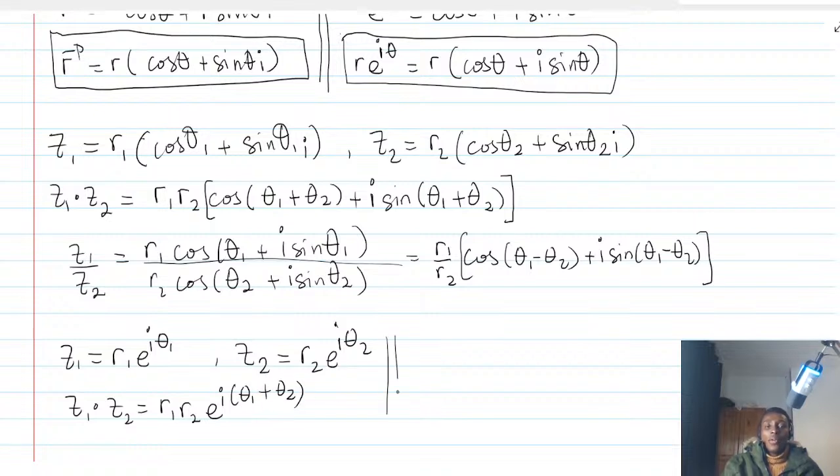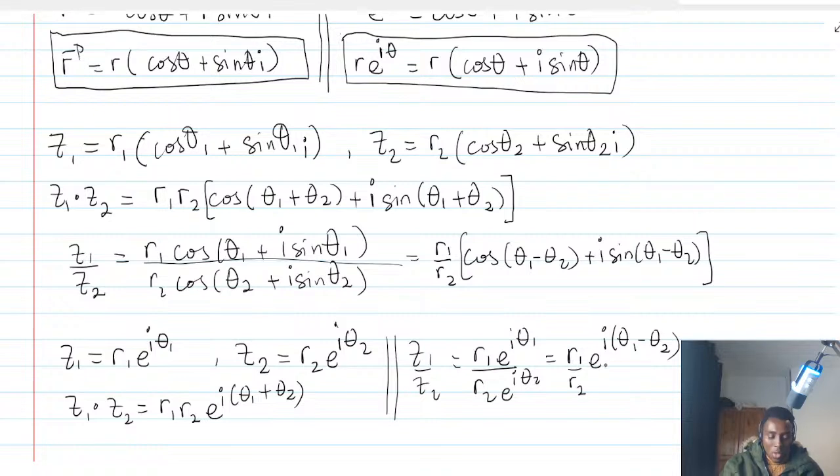And if they divide, it will be R1 e^(i theta 1) divided by R2 e^(i theta 2), which is R1 over R2 e^(i(theta 1 minus theta 2)). Okay.